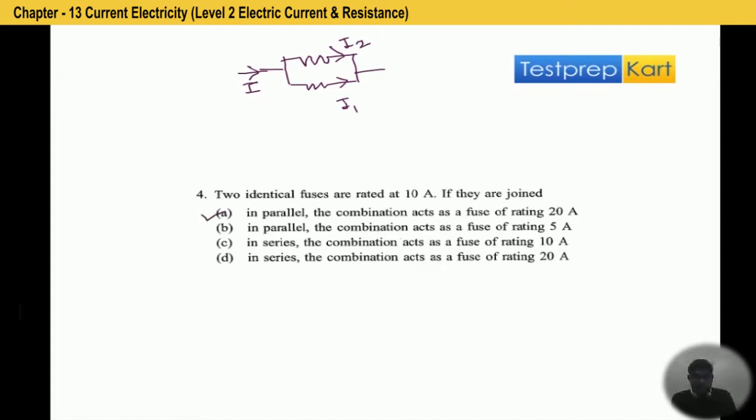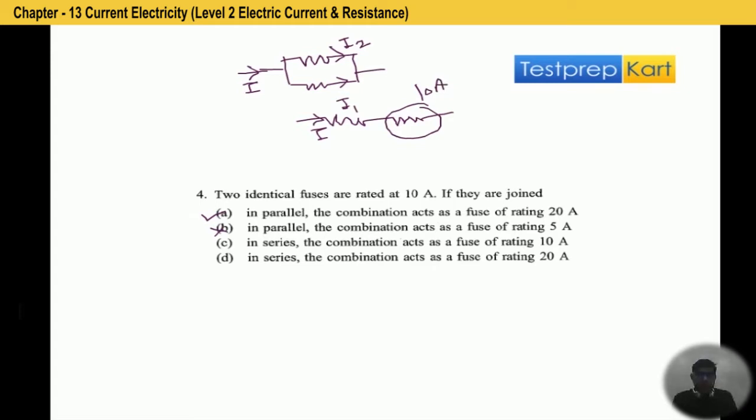Next, in parallel the combination acts as a fuse of rating 5 ampere. It is not correct. Next, in series the combination acts as a fuse of rating 10 ampere. Definitely, if we connect them in series, the current remains the same in series, and they can tolerate only 10 ampere current.